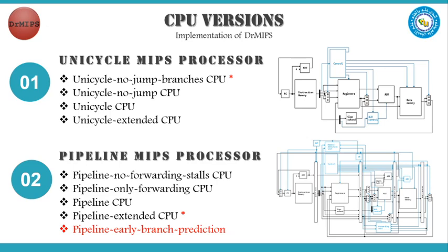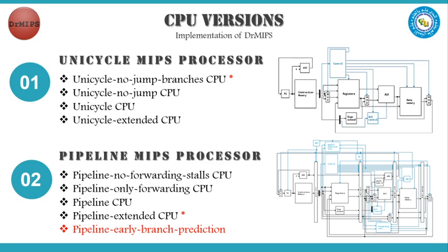So next we have the pipeline MIPS processor. In the pipeline MIPS processor we have the very basic pipeline MIPS processor, which has no forwarding nor stalls. The next one is the pipeline with only forwarding, and the next one is the pipeline CPU that also has forwarding and a detection unit to detect the stalls.